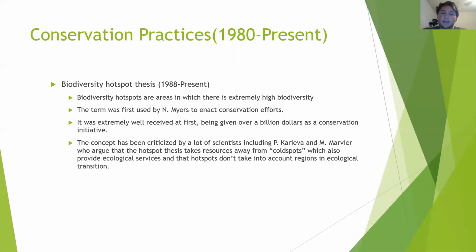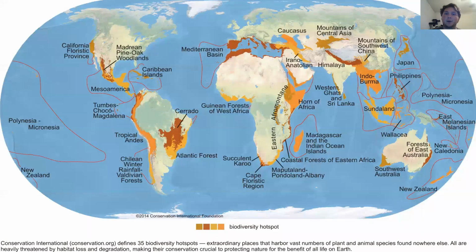So that's kind of where that argument ended up going. There's still people discussing it on both sides, but it mostly looks like the hotspot people have won out. And then here's a map of all of the biodiversity hotspots, so you can examine it. And it's mostly been adopted by all of the conservation organizations and NGOs and things like that.